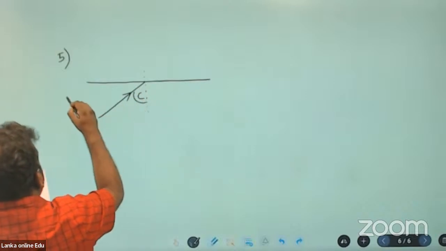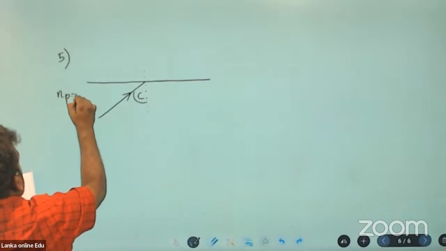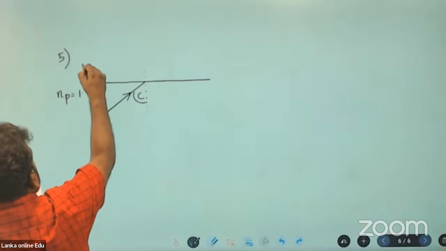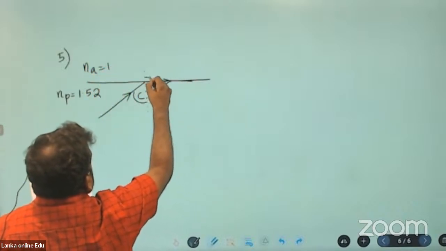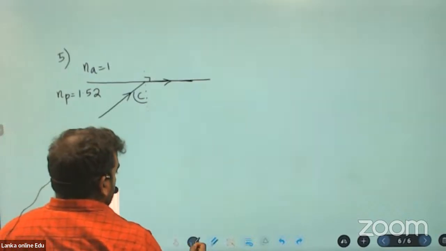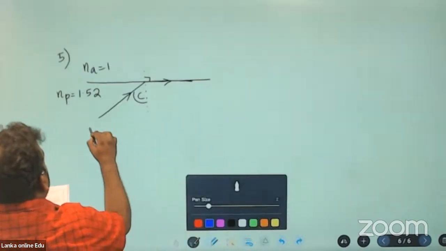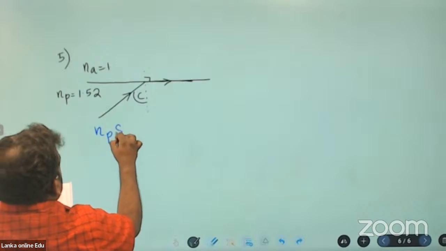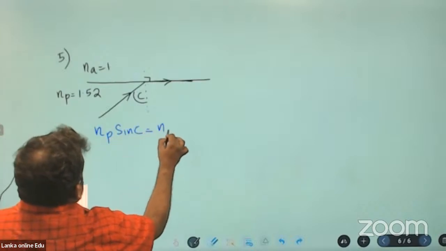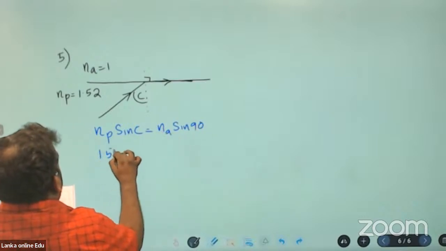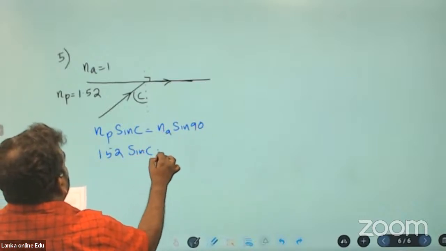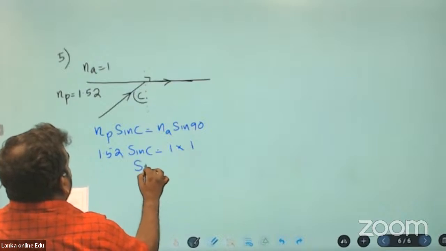Critical angle, plastic 1.52. N air is 1, and the ray goes along the boundary. N_P sin C equals N_A sin 90, so 1.52 sin C equals 1 times sin 90.